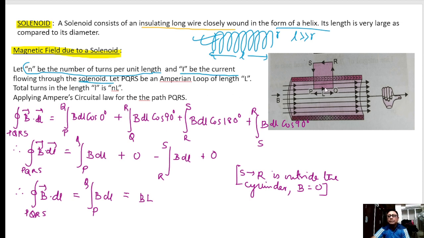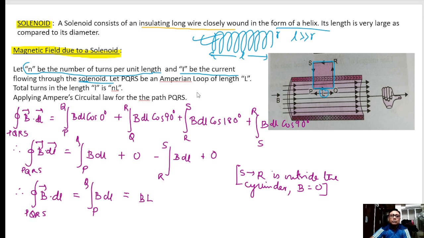Let us choose a small closed loop so that we can use Ampere's Circuital Law. This is the closed loop. Here let us choose the length as L.